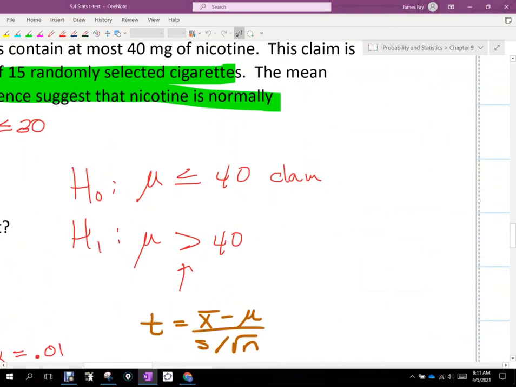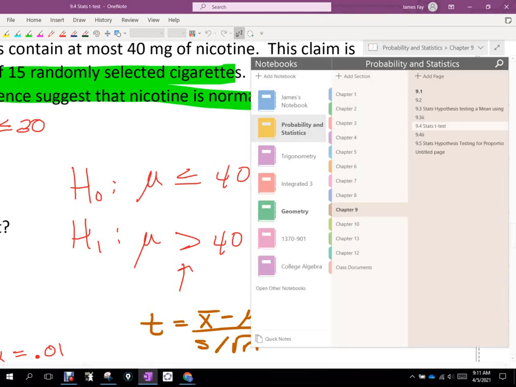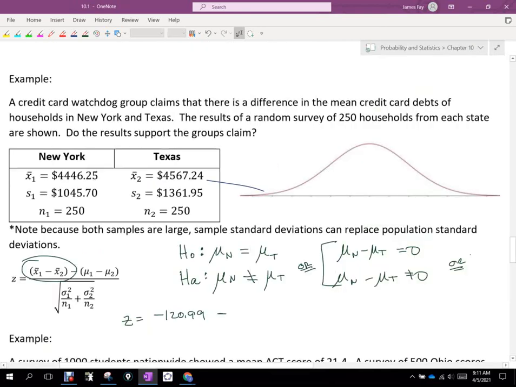It came from the null hypothesis, right? If we look at this, we need mu1 minus mu2. We need a value for that. Well, if you think about our null hypothesis, we're saying mu1 and mu2 are the same. So if mu1 and mu2 are the same, or mu-N and mu-T are the same, what is their difference? 0. In the hypothesis testing of difference of means, mu1 minus mu2 will always be 0.